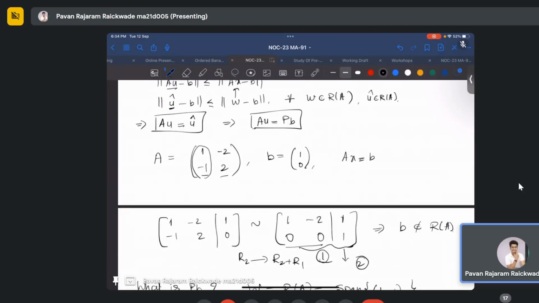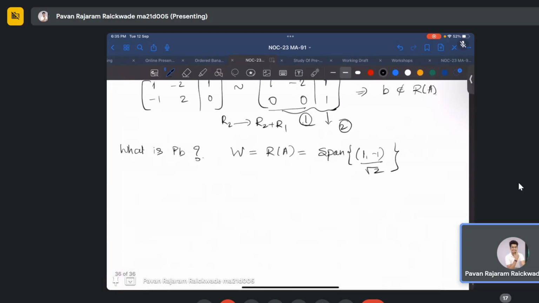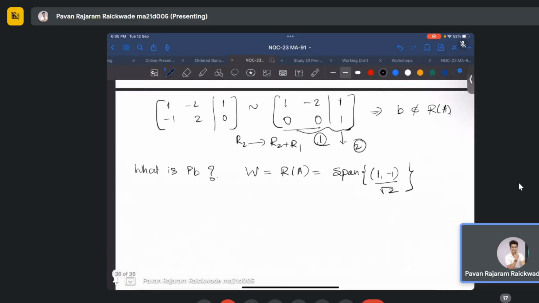The first column is 1, minus 1, the second column is minus 2, 2, so I take the linearly independent column and divide it by its norm. This is my W. I define the projection Pb, which is the inner product of b with 1, minus 1 by root 2, into 1, minus 1 by root 2. What is my b element here? b was 1, 0.